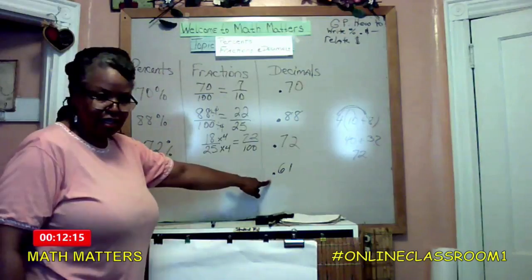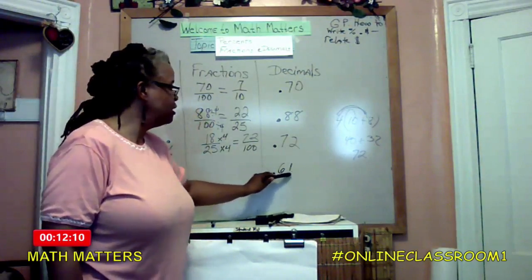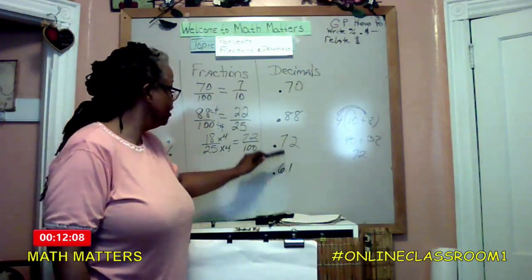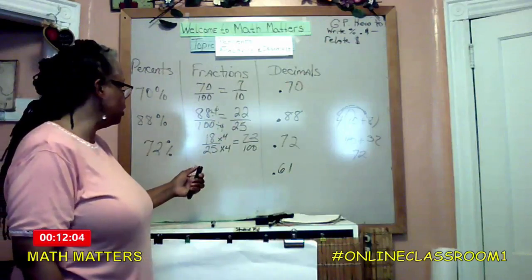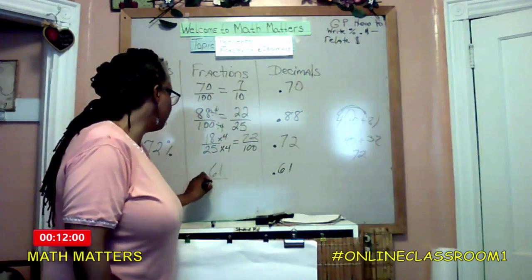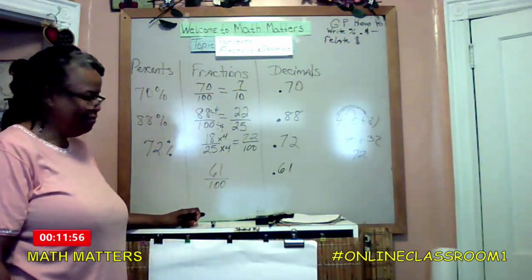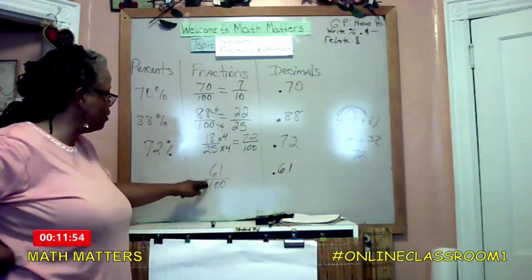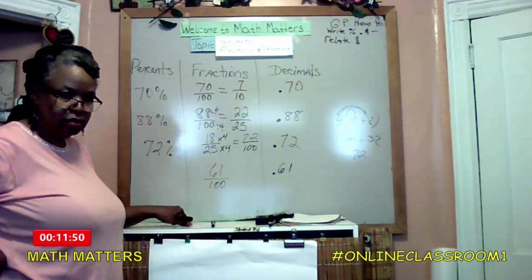Let's look at 61 cents as a decimal. If we write it as a fraction, it's going to be 61 over 100. Can we reduce that? I don't see any common factors that we can divide out of 61 and 100. Do you?